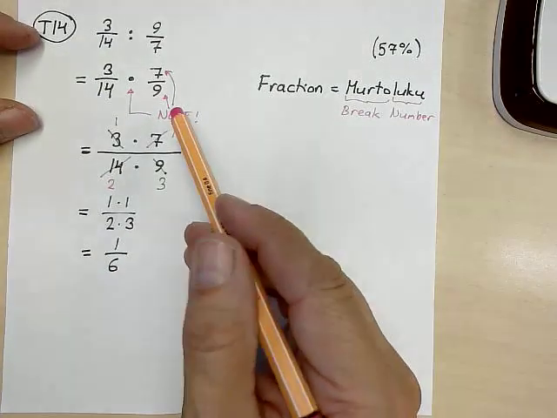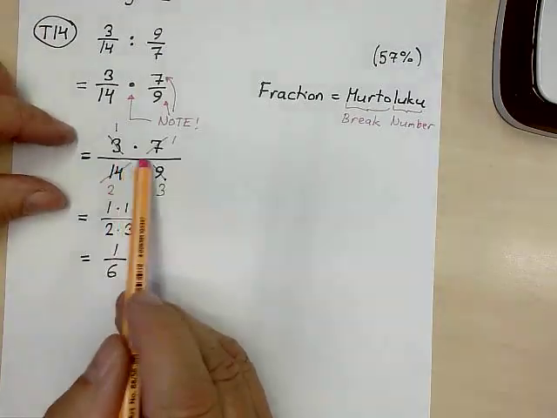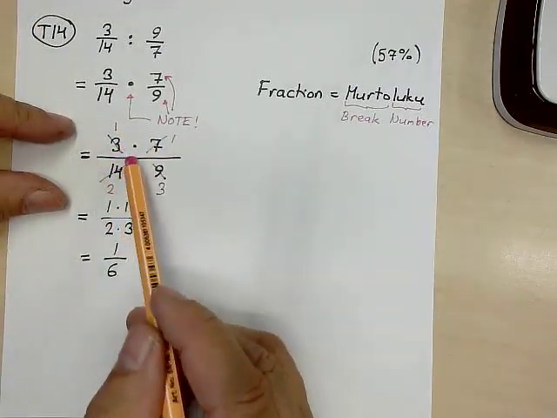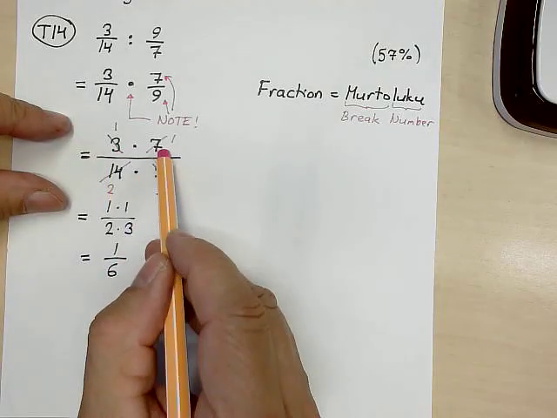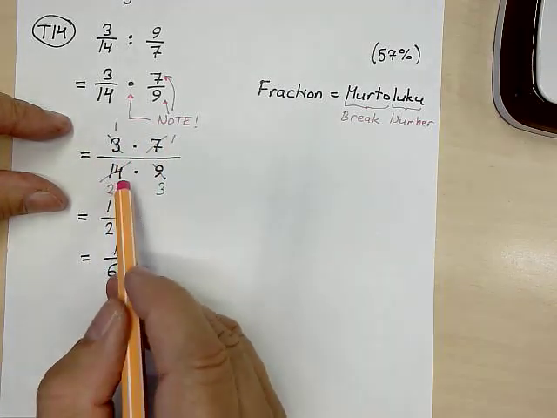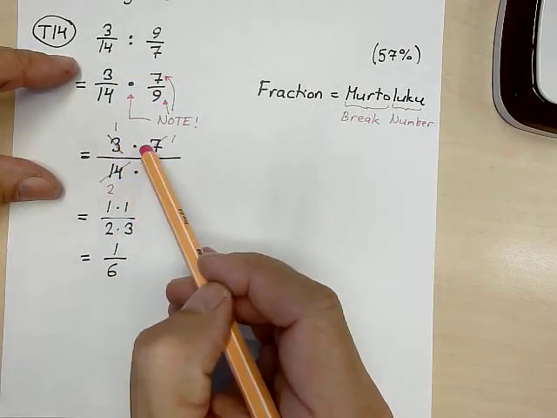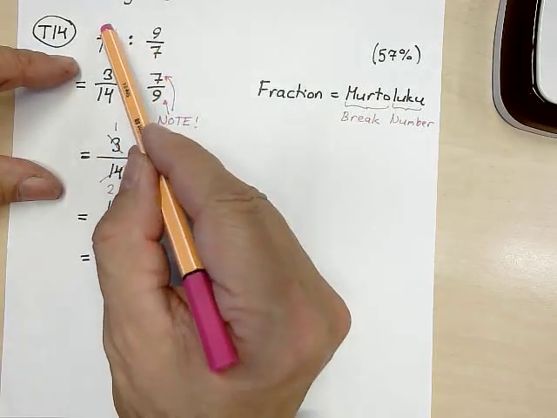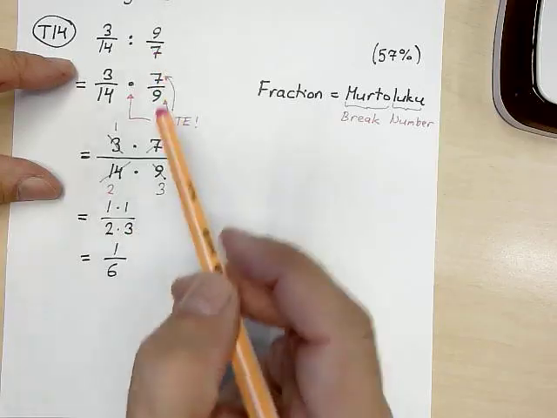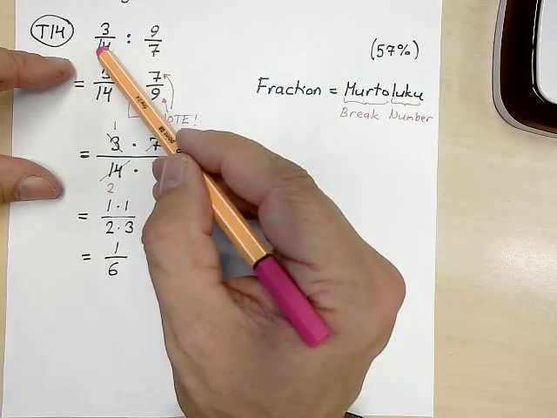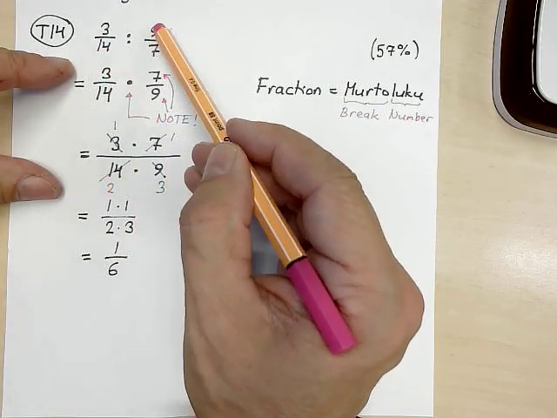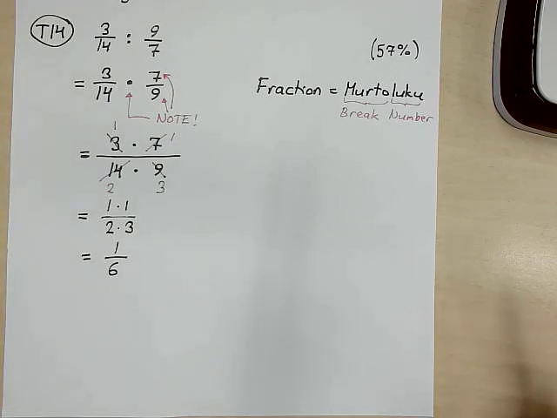So for example, if you watch this here, there is 3 times 7 in the top part and 14 times 9 in the bottom part. Actually, this 3 times 7 comes from this 3 times 7, and this 14 times 9 comes from this 14 times 9.